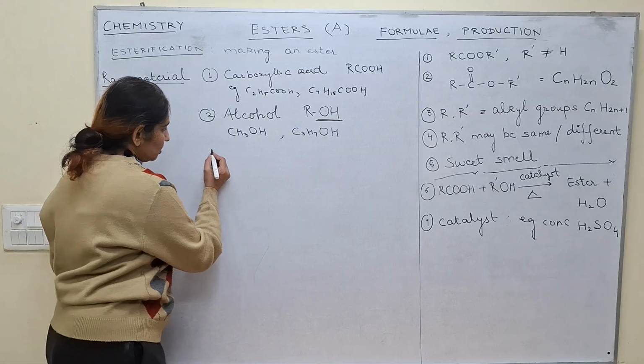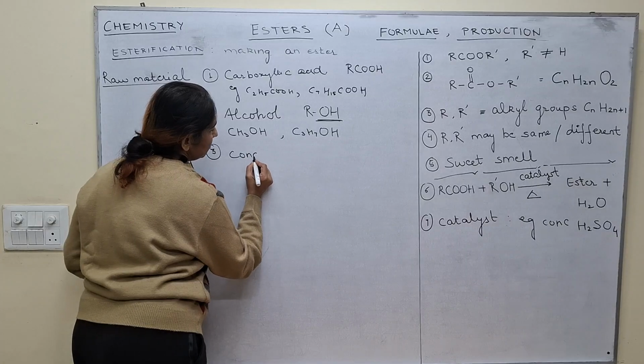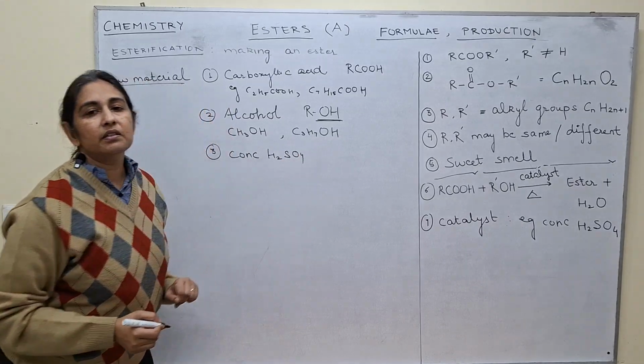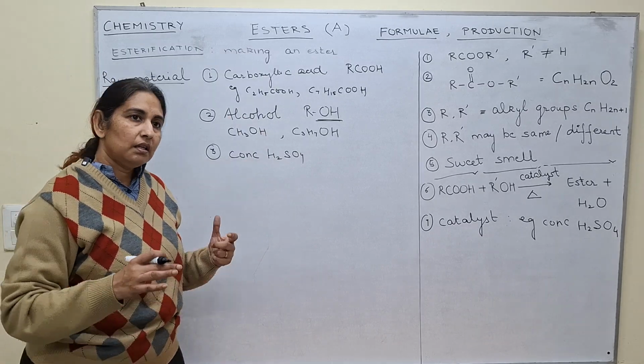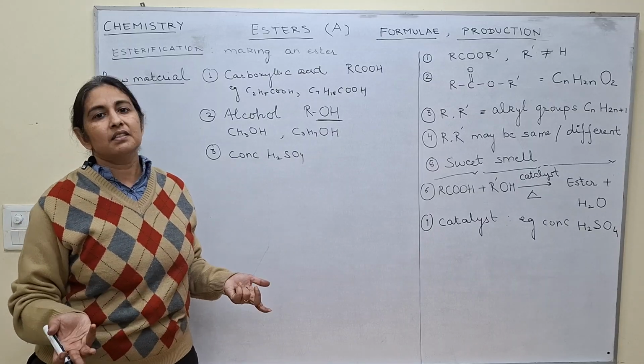Now the third thing is the catalyst, concentrated H2SO4, which we may include as a part of the raw material. Yes, it has to be present, but it doesn't get used up.